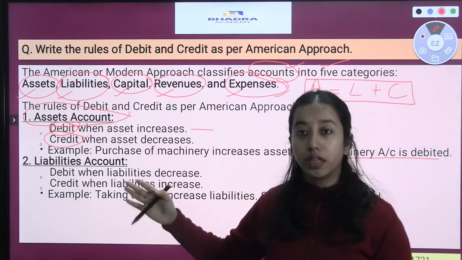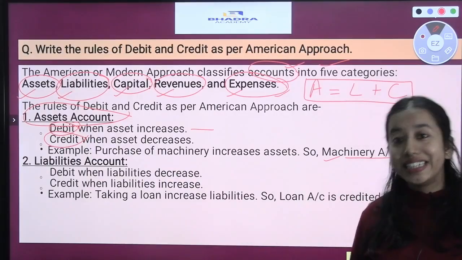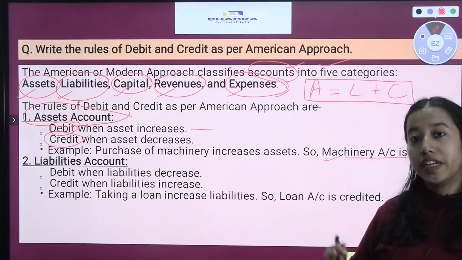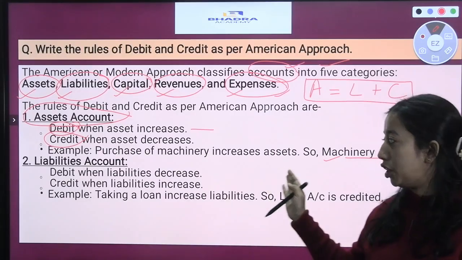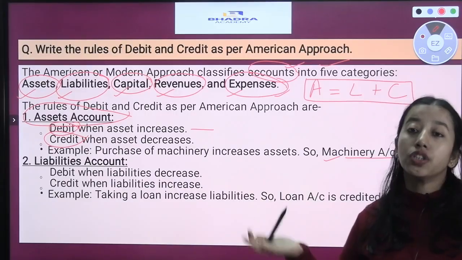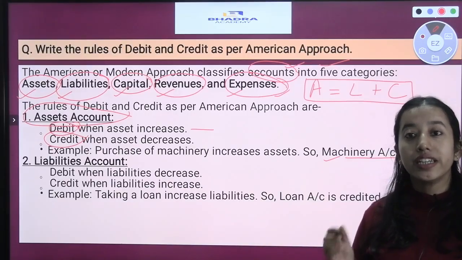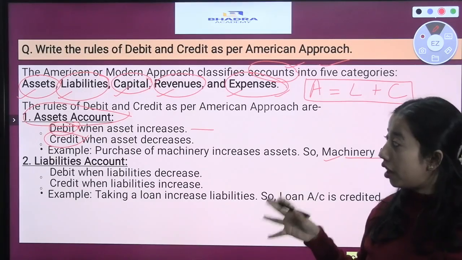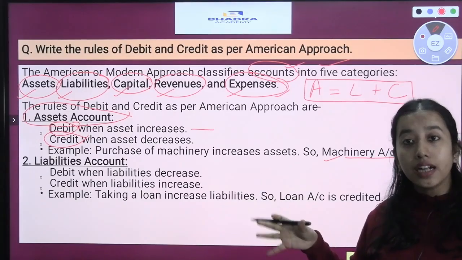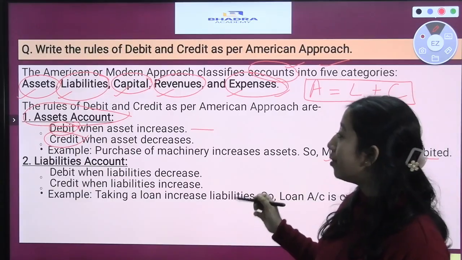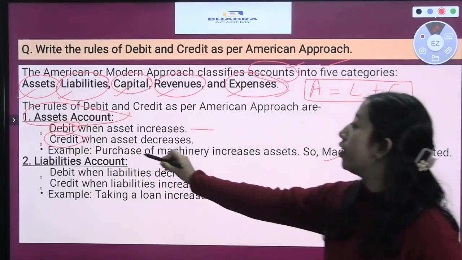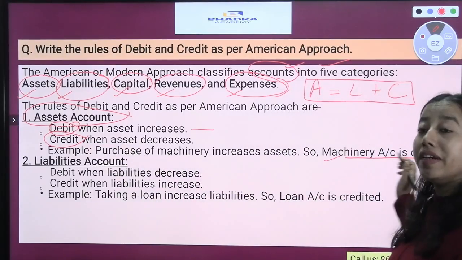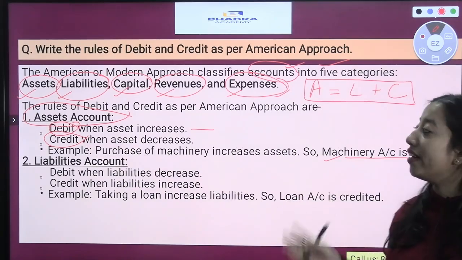But the cash account decreases, because the cash payment is made in this purchase. Cash also falls under the asset account, so the cash account will be credited. So in the same example, the machinery account will be debited and the cash account will be credited.